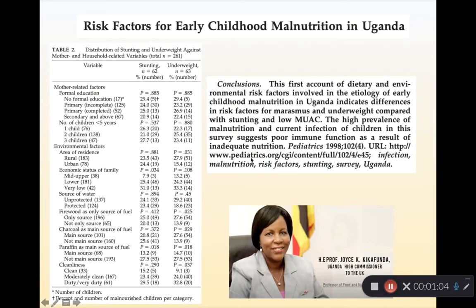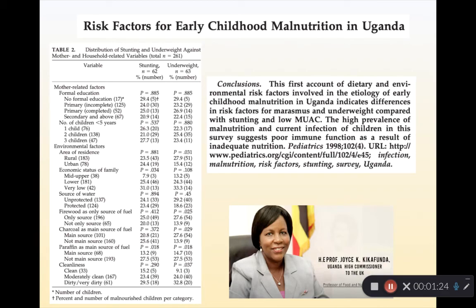So in your book, the first chapter that we're discussing this week looked at energy in terms of malnutrition. So I wanted to highlight the work of Dr. Kikafunda, who works in Uganda on malnutrition.